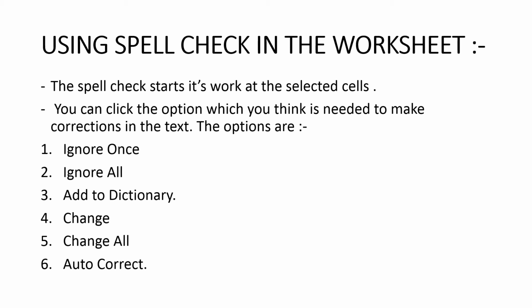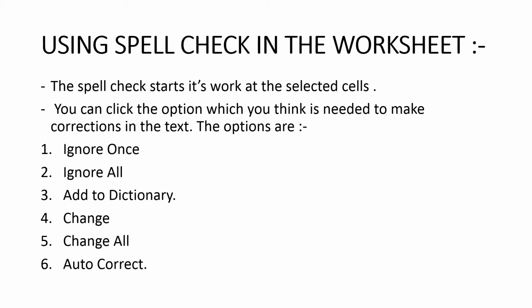Then next is add to dictionary. If the spell check marks a word wrong and highlights it in the text box as not in dictionary, then you can click on the option add to dictionary to add this word in the inbuilt dictionary of MS Word.